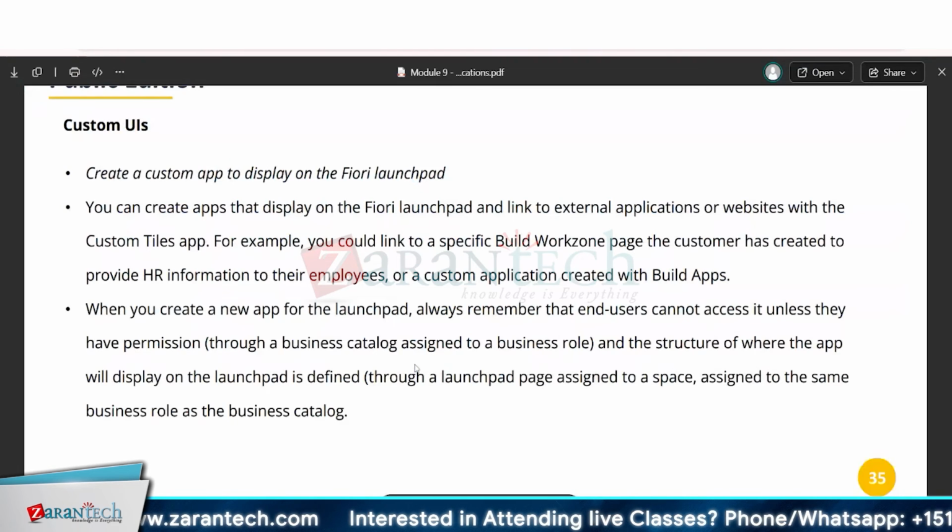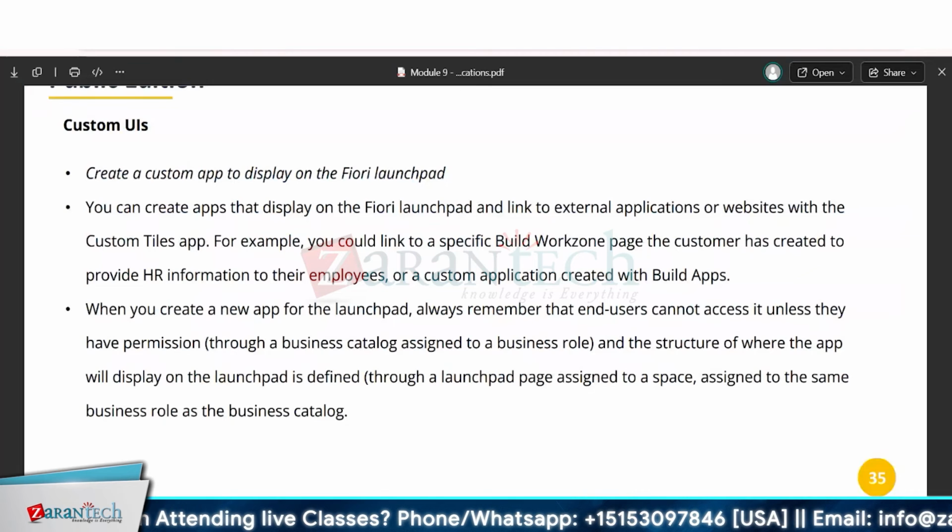For example, you could link to a specific Build Work Zone page the customer has created to provide HR information to their employees, or a custom application created with Build Apps. When you create a new app for the Launchpad, always remember that end users cannot access it unless they have permission, and the structure of where the app will display on the launchpad is defined.